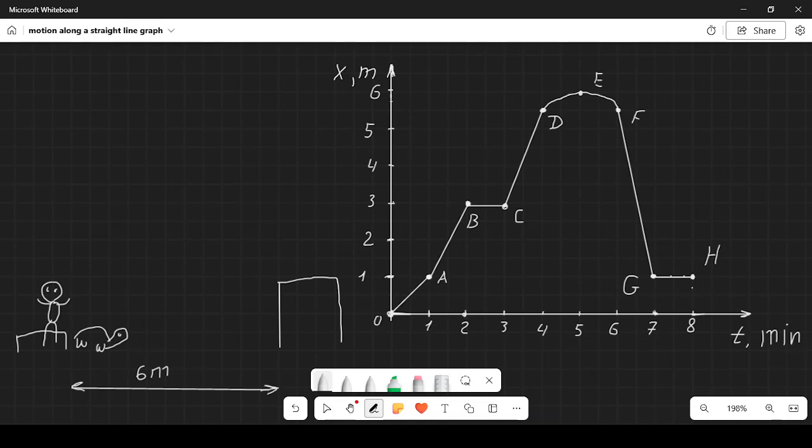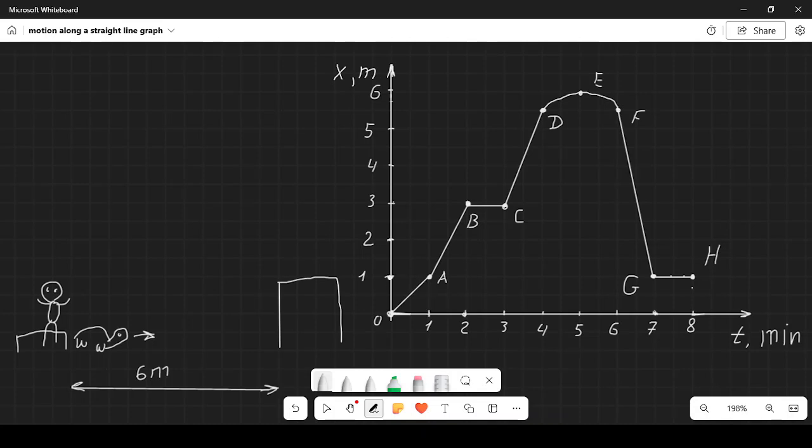Okay, what was happening during the first minute after the turtle started to move? During 1 minute, our turtle changed her position by 1 meter.